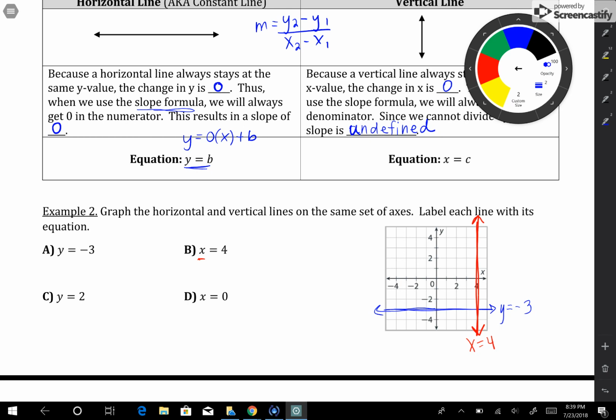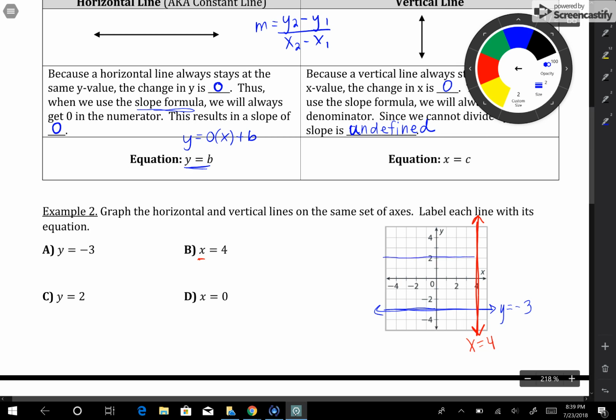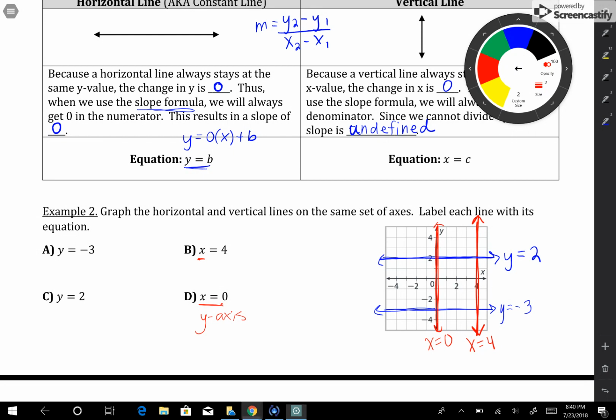That's a horizontal line at the y value of 2. And lastly, we have the equation x equals 0. That is actually right on the y-axis, because on the y-axis, every x value is 0. And there we have graphing linear equations.